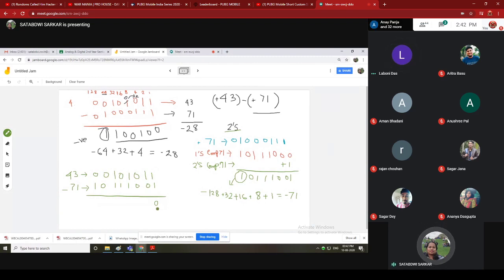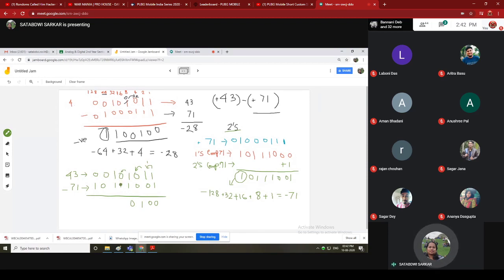So 1 plus 1, it is 0, and here is 1, carry is 1. Here again 0 plus 1, that is 1, 1 plus 1. So now again it is 1 1 0, and we have another carry. So we have to put this 1. Now again it is 1 plus 1, so it is 0, and we have a carry here.